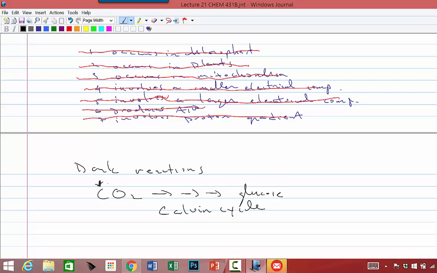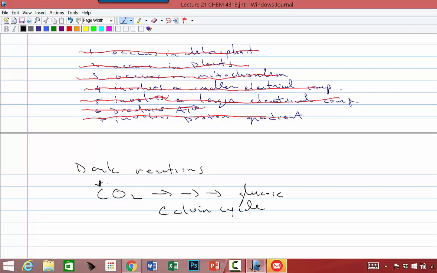Okay? At the end of the day, if you sum up the dark reactions and the light reactions, you're going to get this summary here, where you get 6 water molecules plus 6 CO2 molecules, 48 photons, and you're going to create 1 mole of glucose and 6 moles of O2.